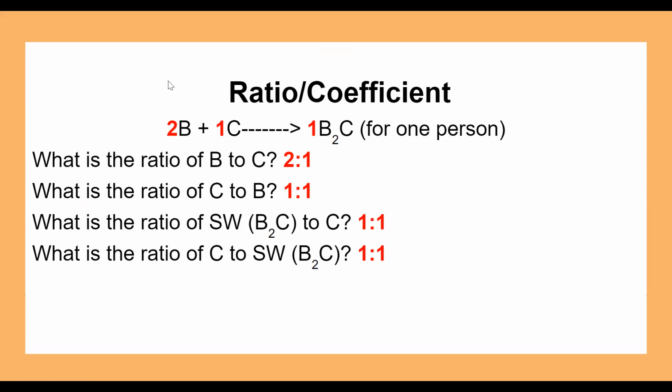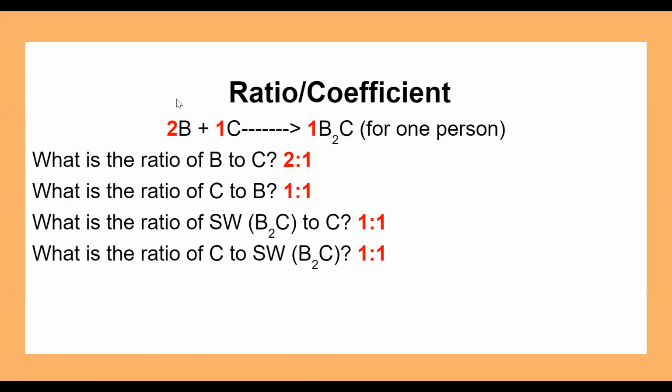So if we're able to look at that, we have the slice of bread to cheese is 2-to-1. Ratio of C to B, this should be 1-to-2. Cheese to bread should be 1-to-2. You have to correct it here. The ratio of sandwich to C will be 1-to-1.